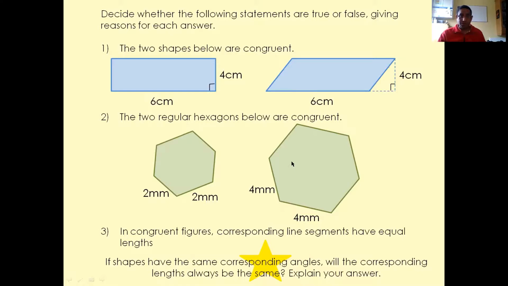So they're not going to be congruent. So always remember, if 2 or more shapes are congruent, that means they are going to be mathematically identical, not similar, identical. That means their corresponding sides are going to be equal and corresponding angles are going to be equal as well.